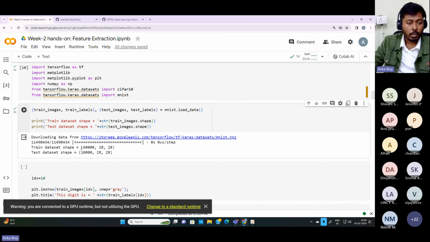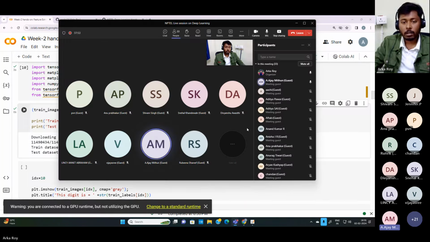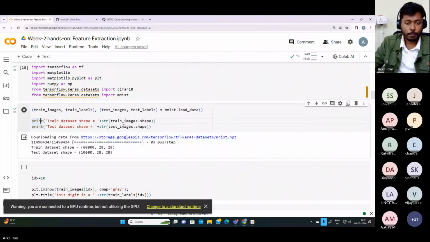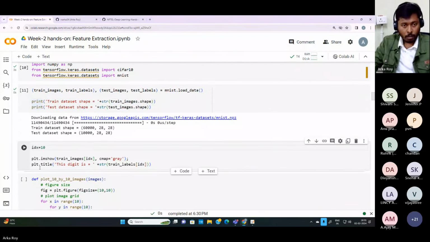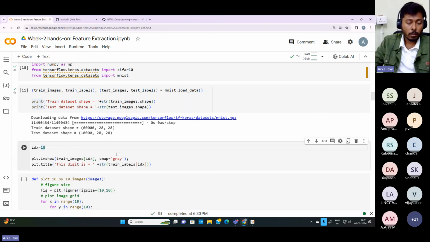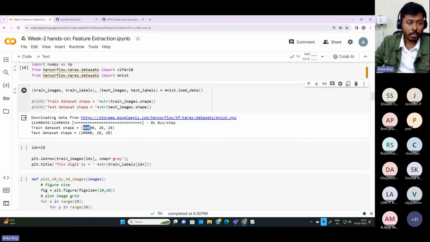in the training dataset, we are having 60,000 images.